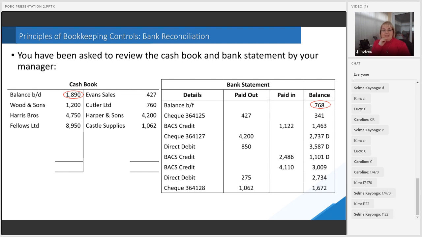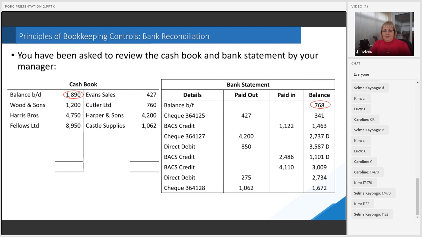Now, if you were doing this as your job, you'd be sat down with your cash book, with your bank statement, and ideally with last month's bank reconciliation, because the opening difference will be on last month's bank reconciliation, as it will have been a timing difference from last period. But we're in an exam and we don't have that luxury of information.